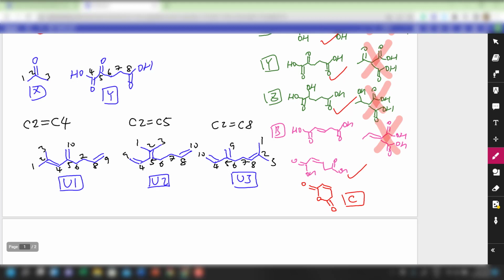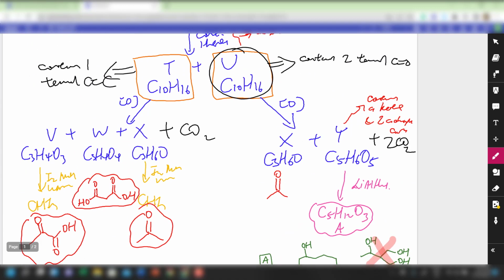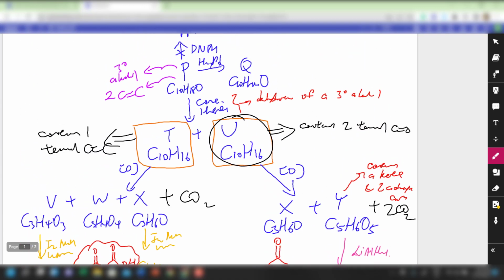The reason is, remember that based on our earlier story, T and U both come from P, and P is a tertiary alcohol, and there are 2 CC double bonds already present. So that means that if I'm going to follow the same story, T and U must have the same structural features.